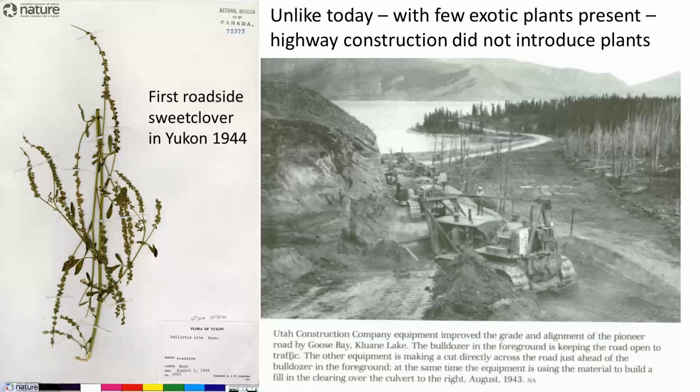And between the 40s and the 70s is when Yukon had all its major highways constructed. So most people know about the Alaska Highway, which was put in the 1940s, completed in 42. And then there was a highway that joined Whitehorse to Dawson in the 50s, and other sites.